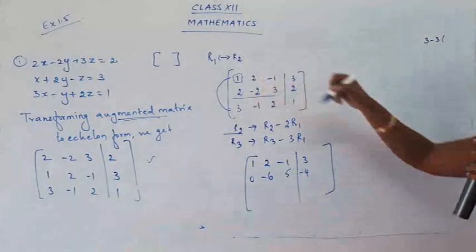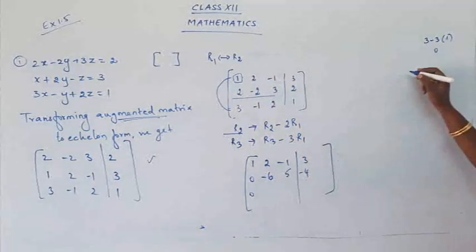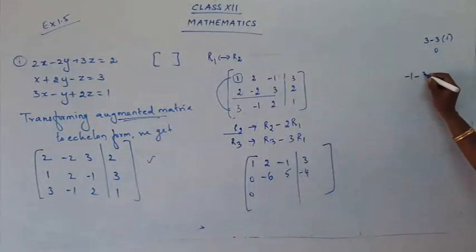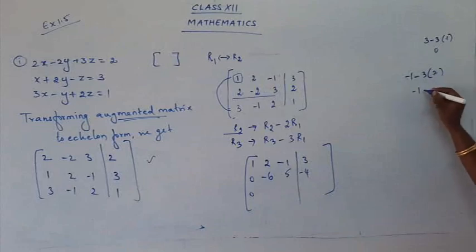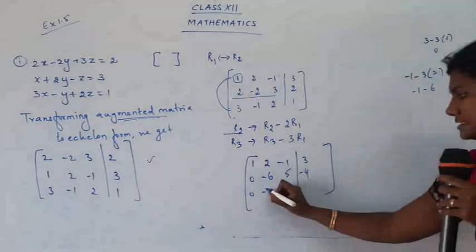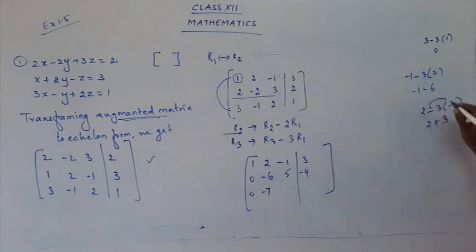So 3 minus 3 times 1, so it's 0. Then minus 1, minus 3 times 2, so minus 1, minus 6, minus 7. Then 2 minus 3 times minus 1, 2 plus 3, so it's 5.